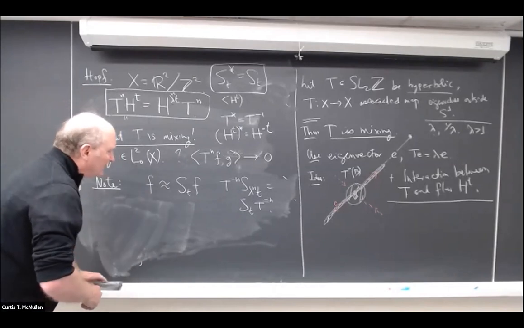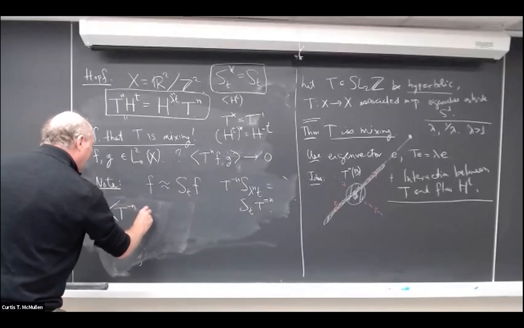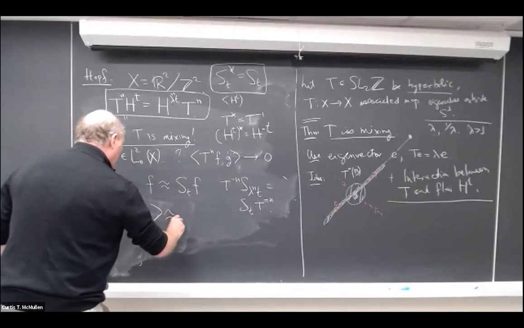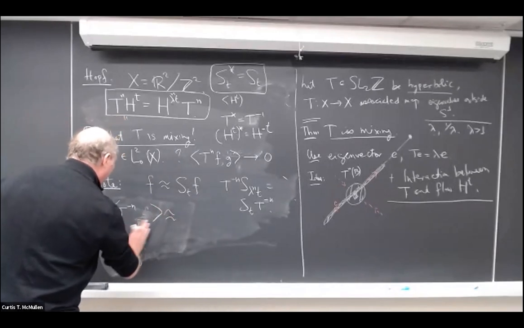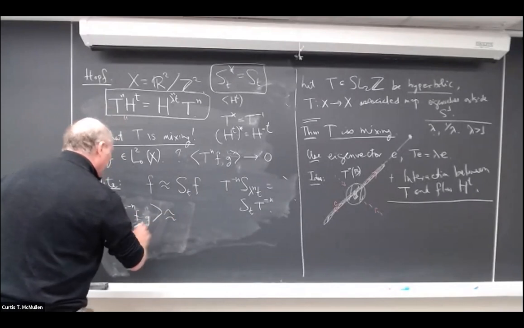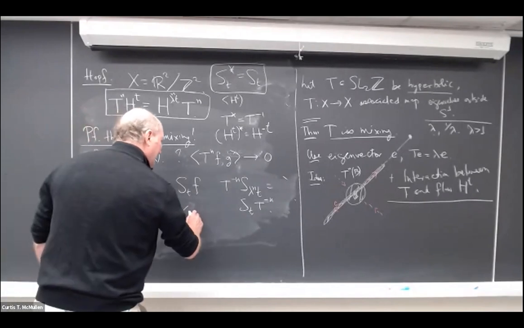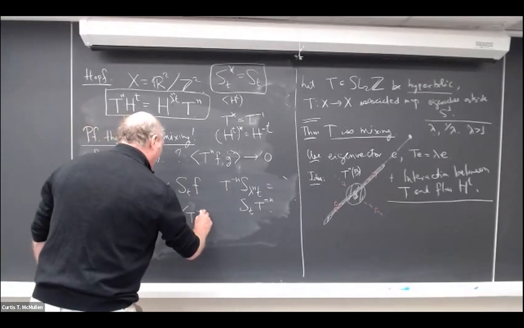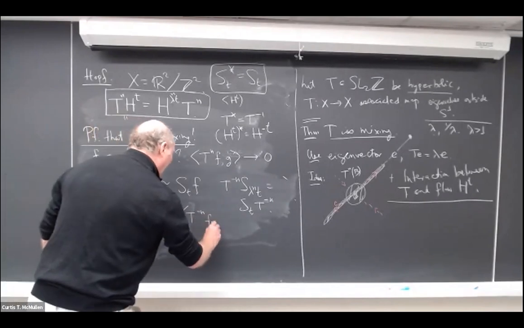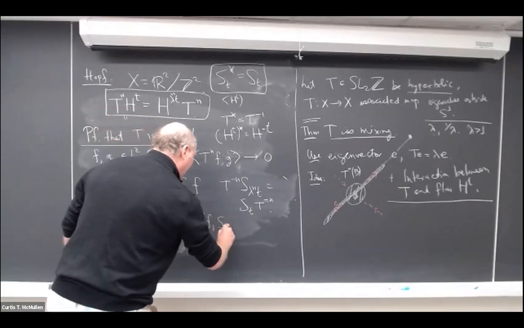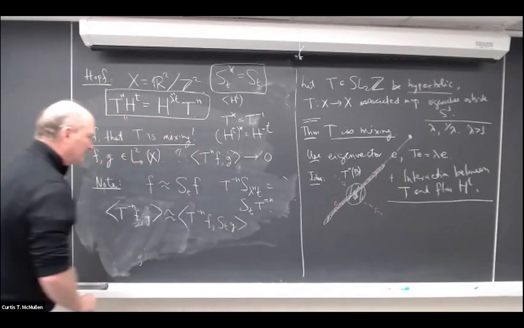Sorry. Okay. So if we look at T to the n f with g, this is approximately equal to T to the minus n f with S_t of g, with t small.